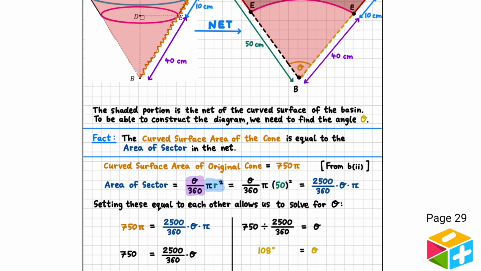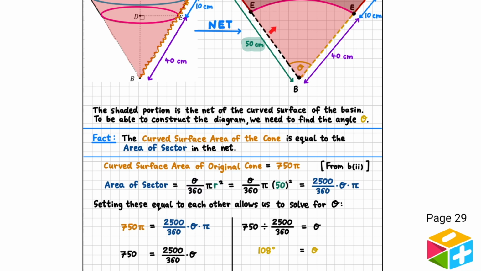So the formula for the area of our sector will be theta over 360 times pi r squared. The sector that we drew had a radius of 50 centimeters. We can sub this value in for r, and then simplify to obtain an answer of 2,500 over 360 times theta times pi.